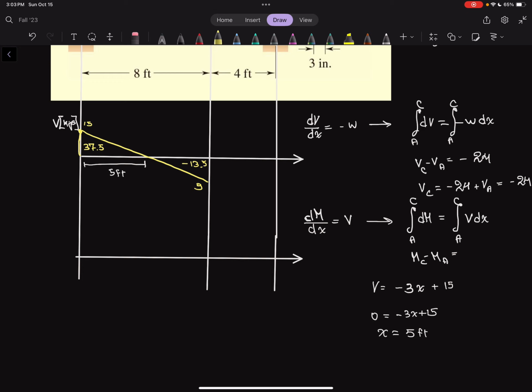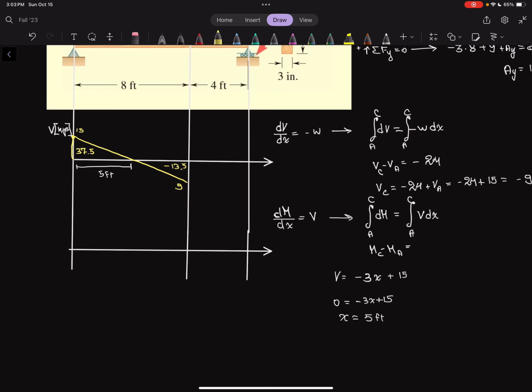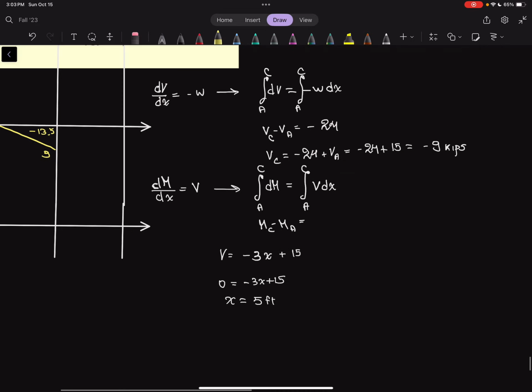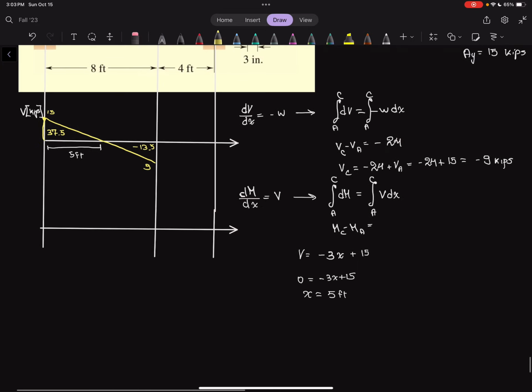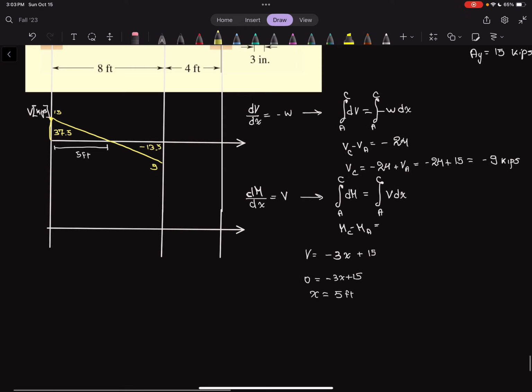And so overall, we have a change in the moment of 37.5 minus 13.5, which is positive 24.